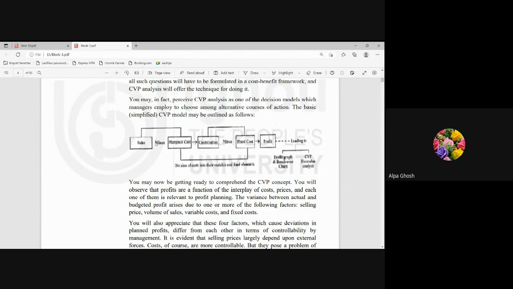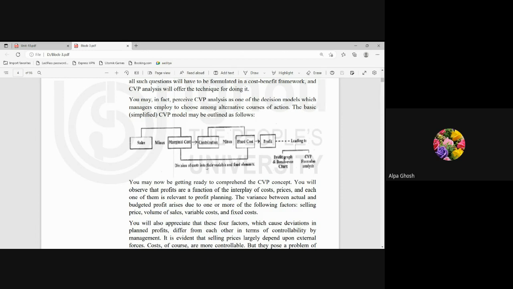From sales, if we subtract marginal cost, this we have done yesterday also, the answer is contribution. From contribution, if we minus fixed cost, the answer is profit. And this profit is leading to the profit graph, break even chart, and CVP formula analysis.